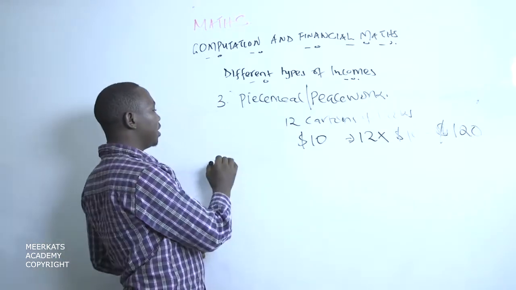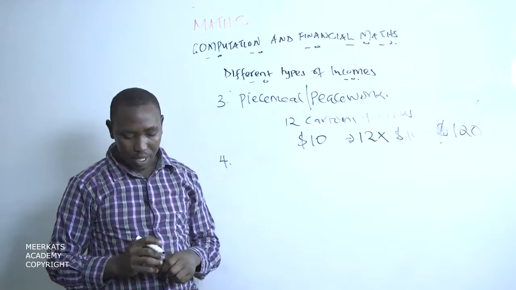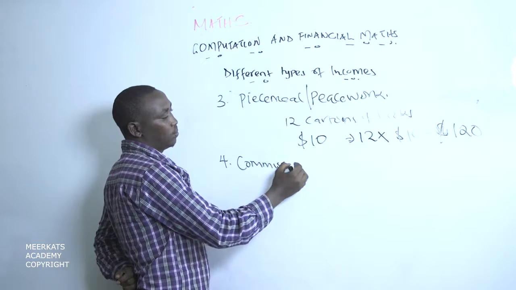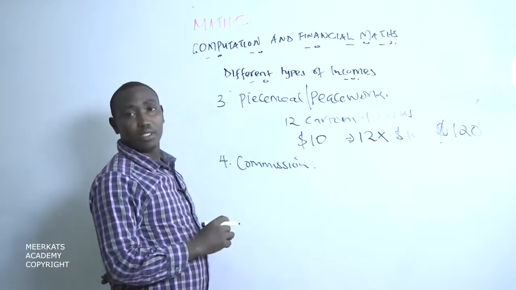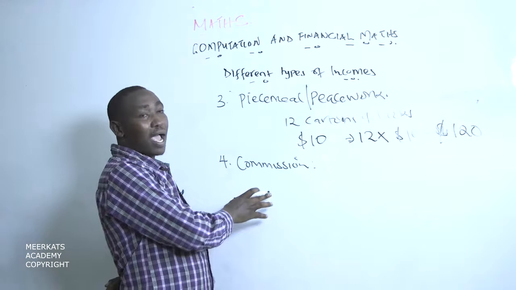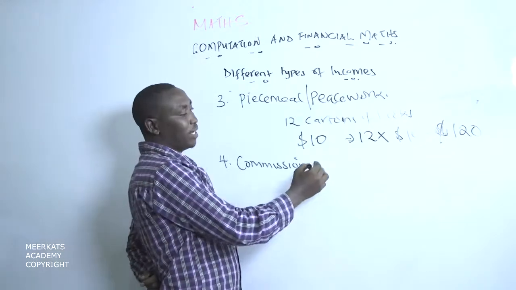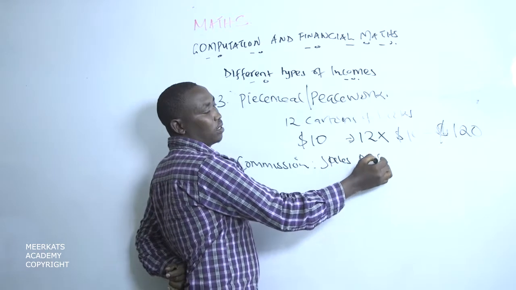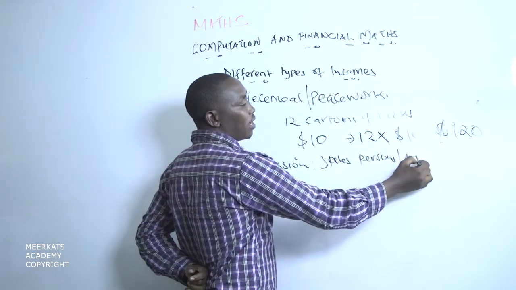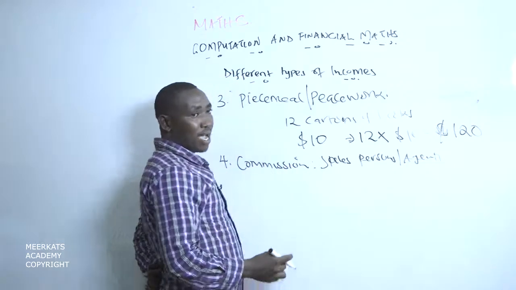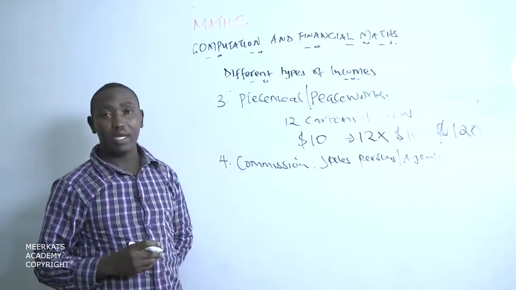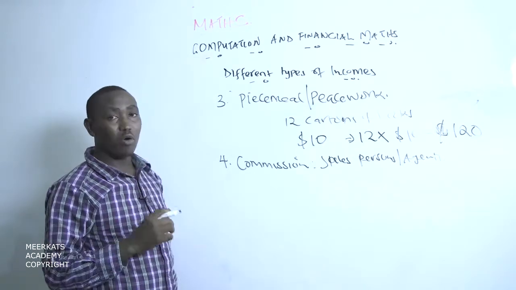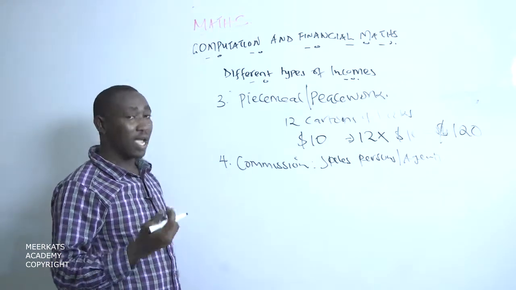Another, fourth type of income is the commission. Commission is normally earned in most cases by salespersons or agents. With this kind of income, an individual will be given a certain proportion of what they have sold as part of their income.